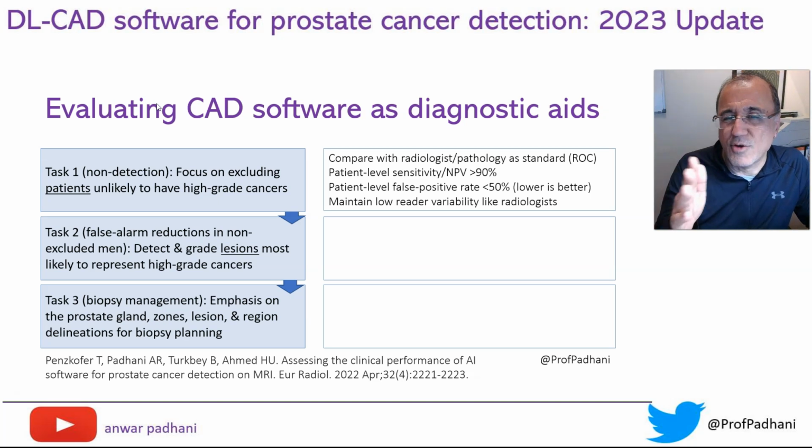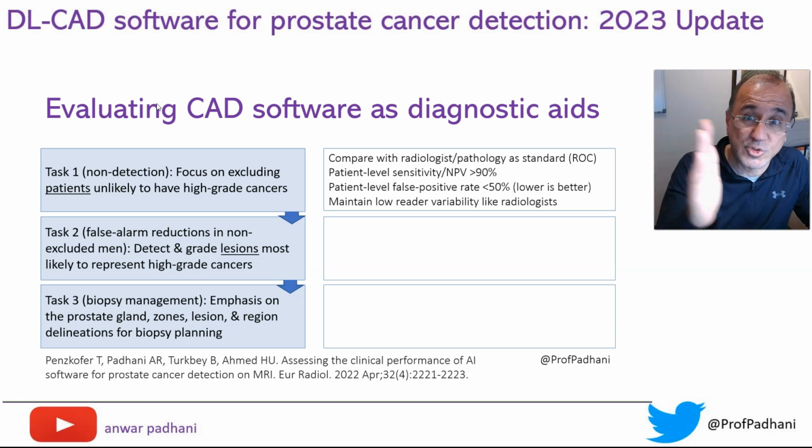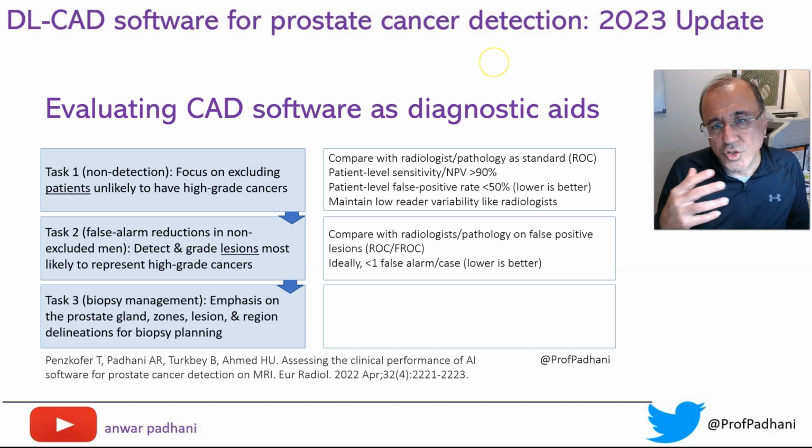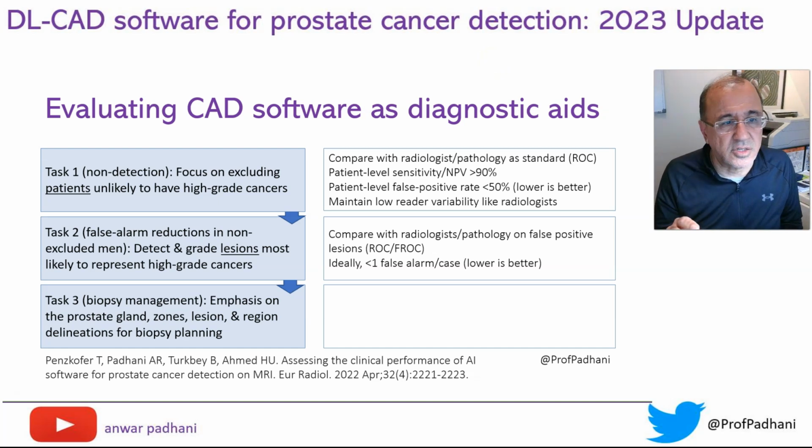So the PPV for most radiologists is about 50%, so we would have to expect that performance or better. And of course, the expectation is that there will be a low reader variability, and I showed you some data on that. So regarding the second task, what standard should we set?